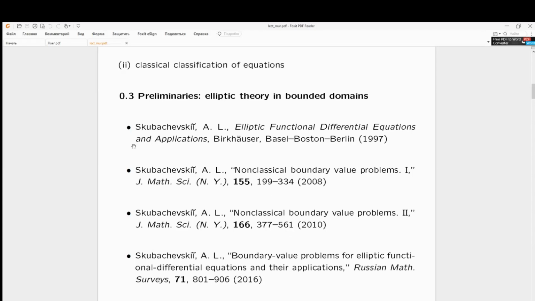So if a person would like to find out more about this direction, about the general theory, then I would advise reading these 4 books and adding their bibliographies. Then a certain impression would be obtained.